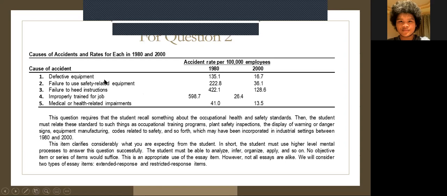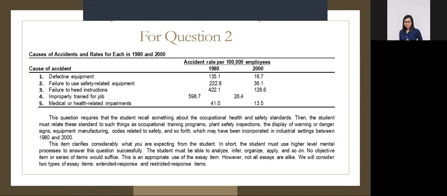For question number 2, the table shows the causes of accidents and rates for each in year 1980 and year 2000. Cause of accident and accident rate per 100,000 employees in year 1980 and 2000.